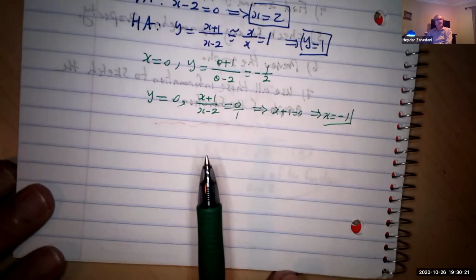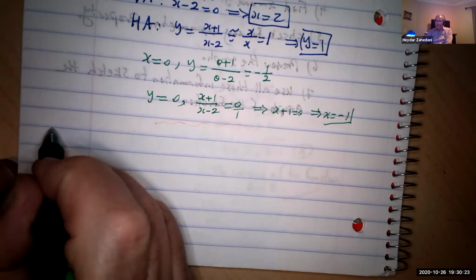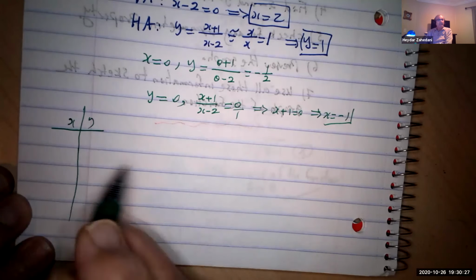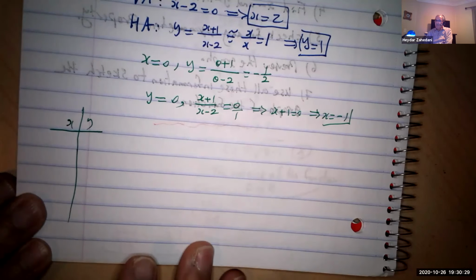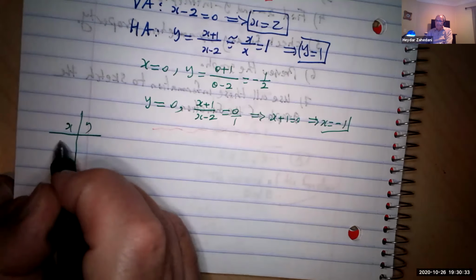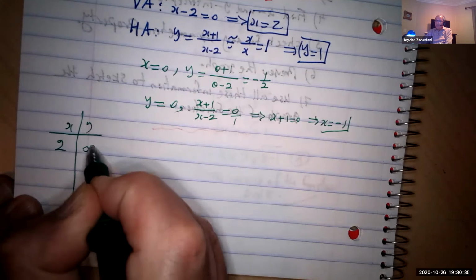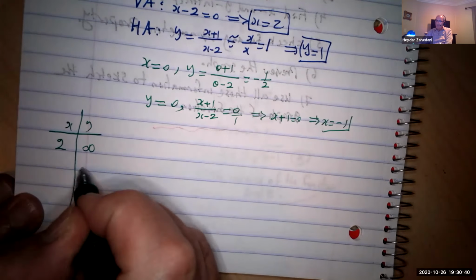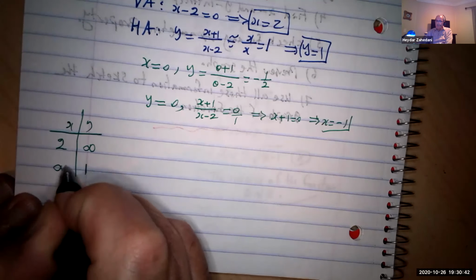Okay, now preview. So let's see what we have so far. X, Y. You start by getting x equal to 2. It's an asymptote, so y is infinity. Y equal to 1. It's an asymptote, x infinity.